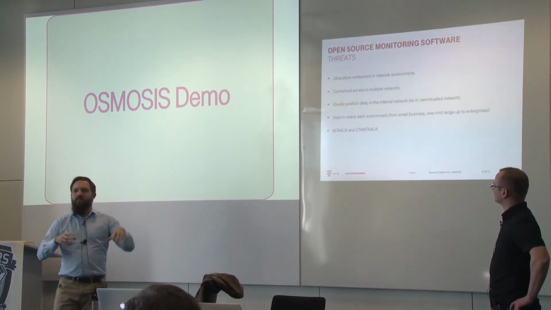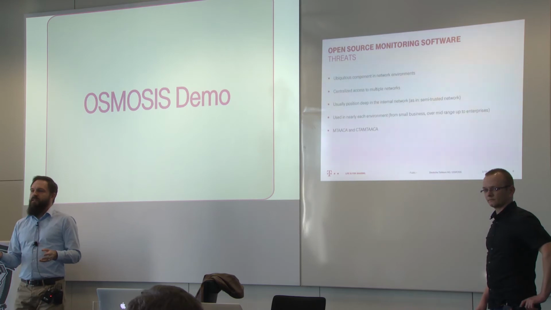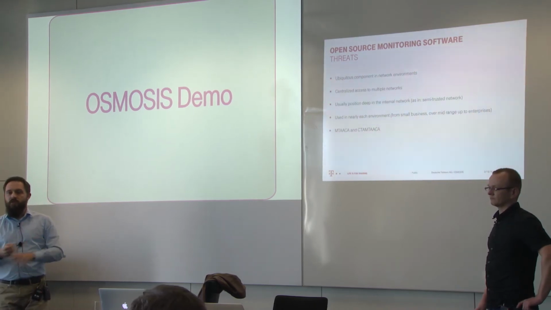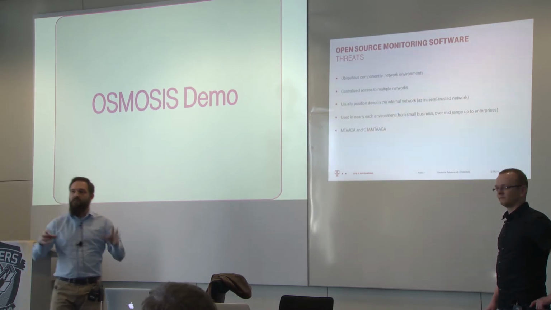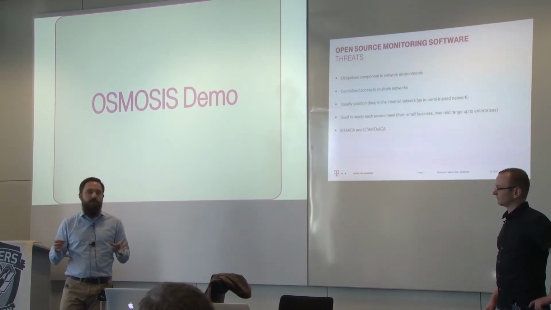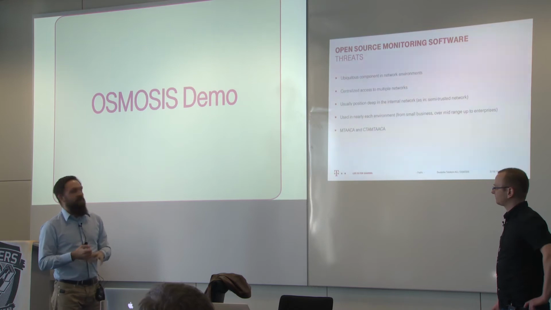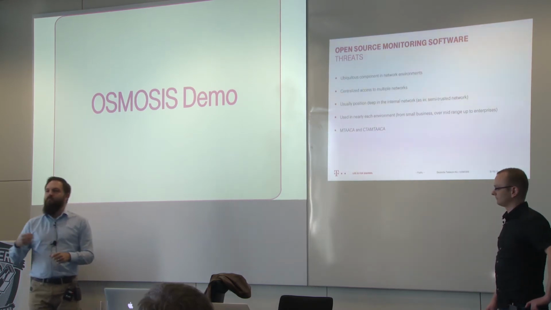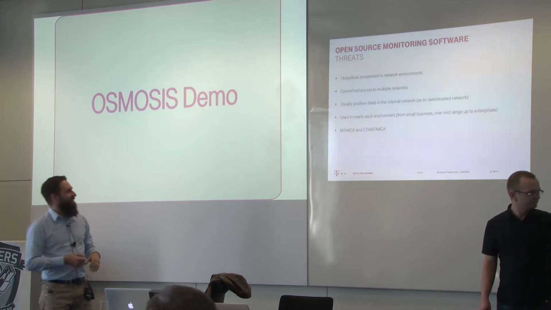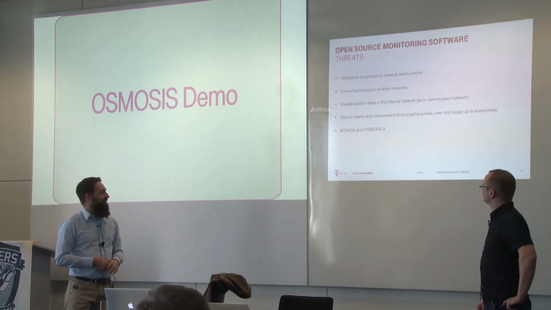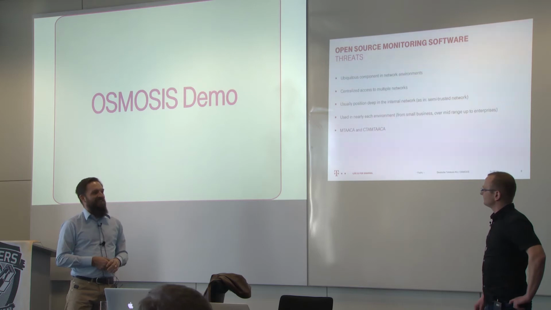So what's so special about attacks against monitoring software? Well, first of all, as I said before, location. The location of the monitoring solutions is interesting. But it also brings up new attack vectors or new attack possibilities. We came up with a super cool acronym. That's MTAACA and CTAMTAACA.